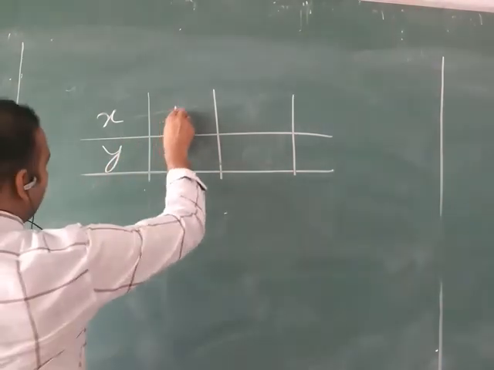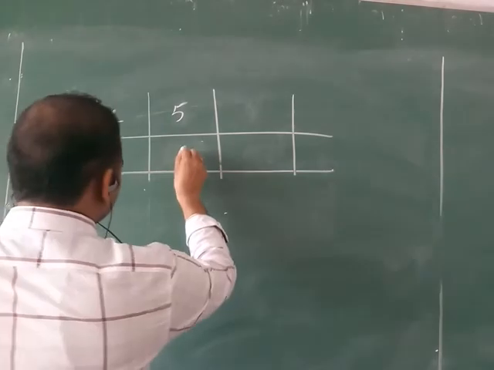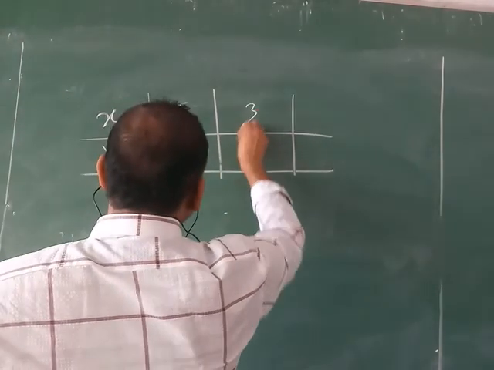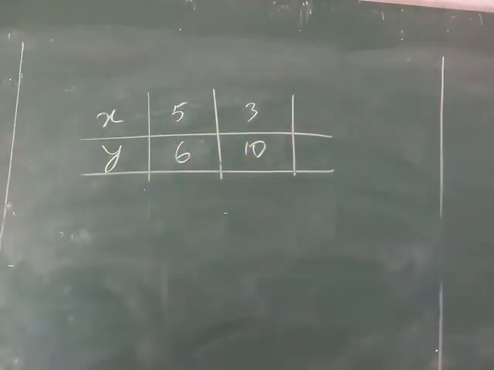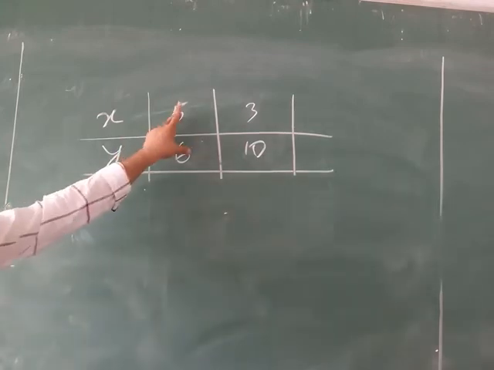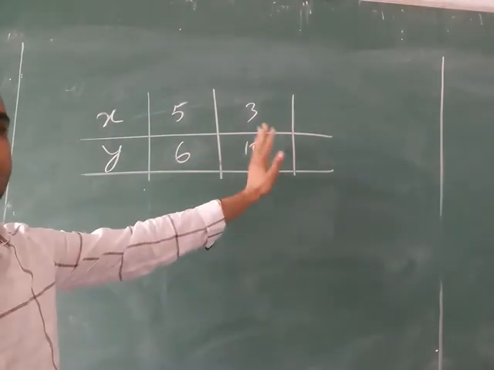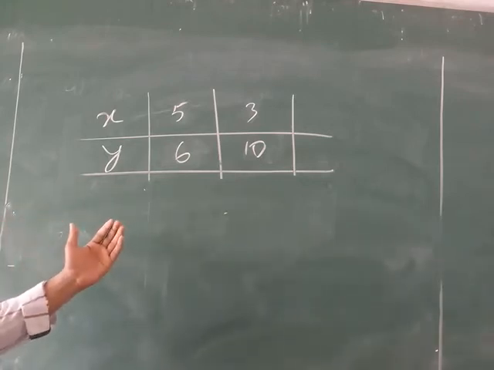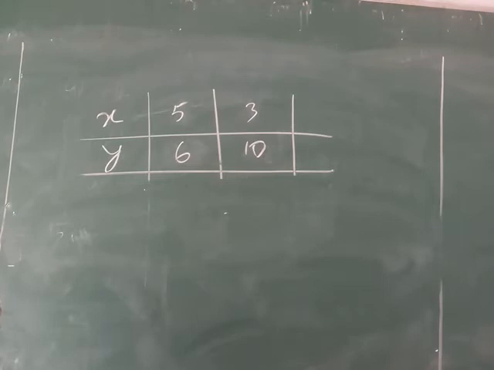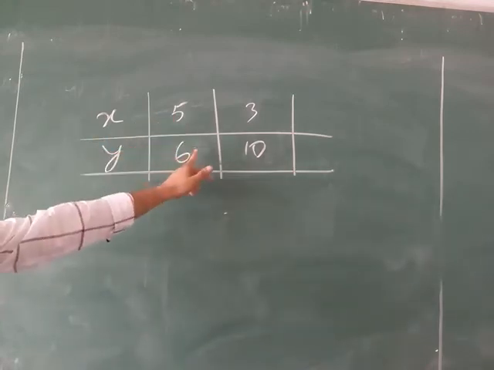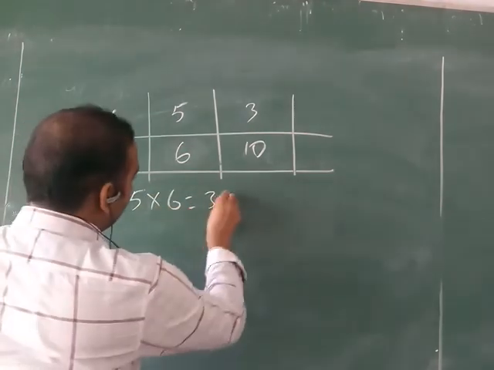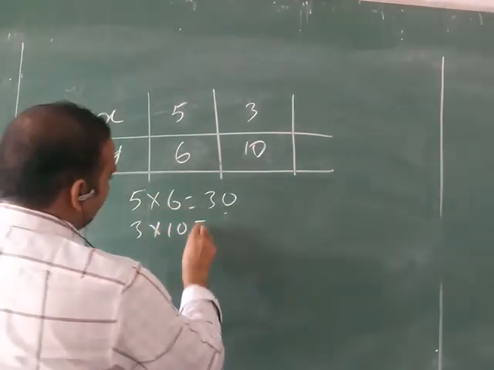This one is 5, 6, 3 and 10. Whether it is direct variation or inverse variation? Are these two quantities varying directly or inversely? Here we get that the product 5 into 6 equals 30 and 3 into 10 equals 30.